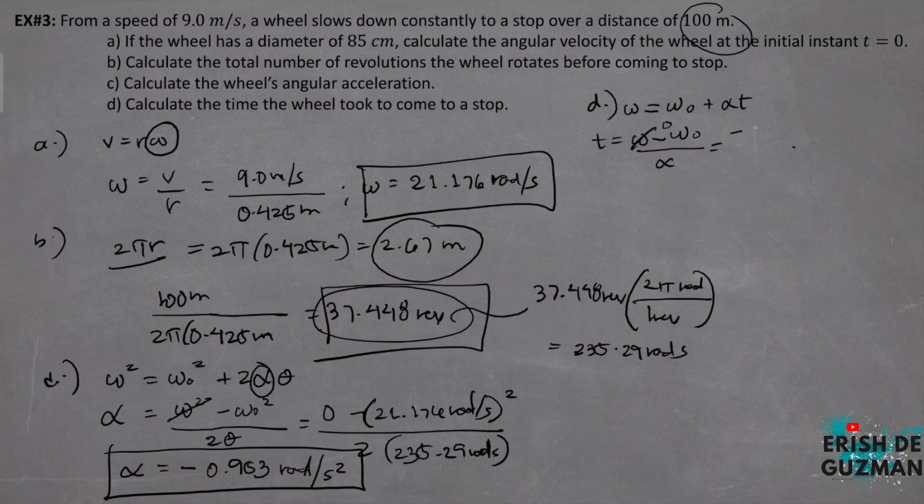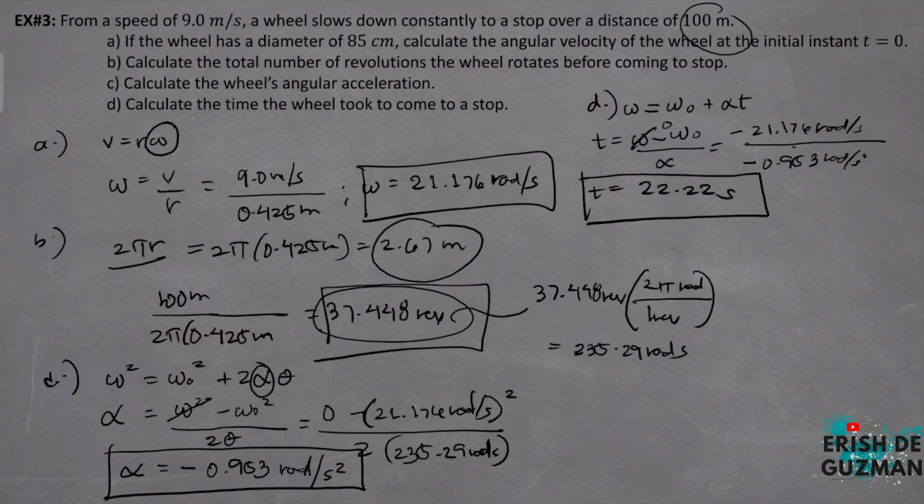So this is negative 21.176 radians per second divided by the angular acceleration negative 0.953 radians per second square. So, take note na negative ito kasi this is a deceleration na kasi papuntang stop na yung motion. By calculating, the time the wheel took to come to a stop is equal to 22.22 seconds.